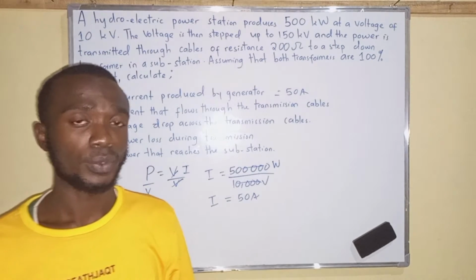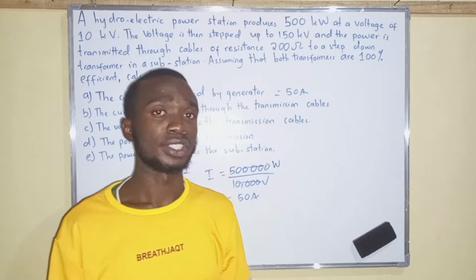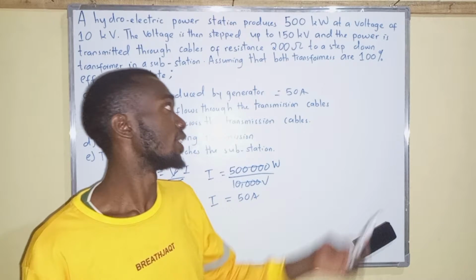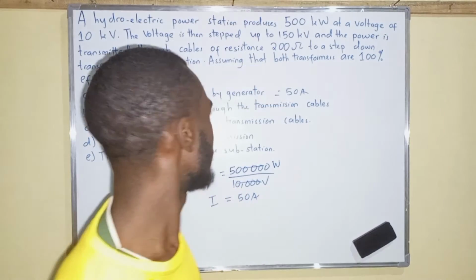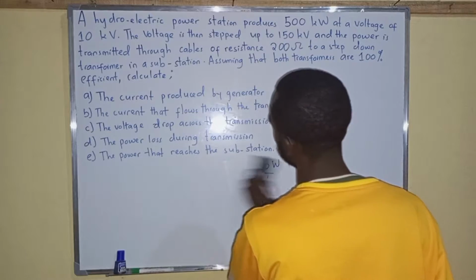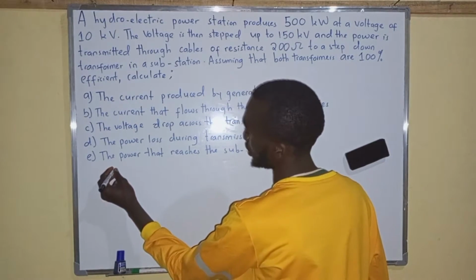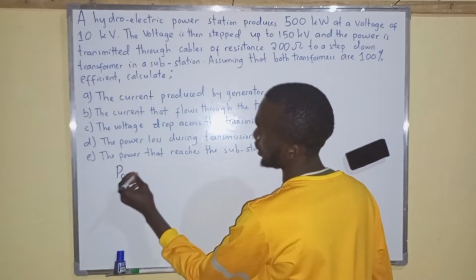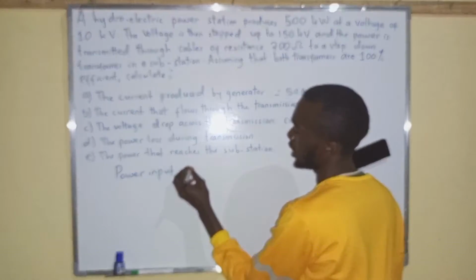This power in the secondary coil is the same as in the primary coil as a result of the 100% efficiency. Power input is equal to power output.